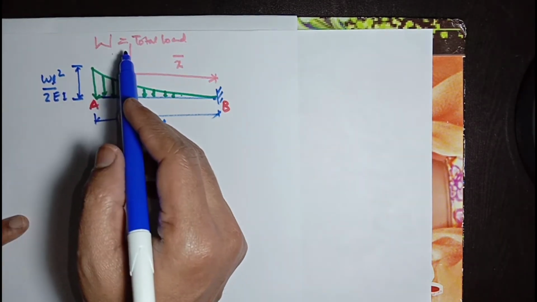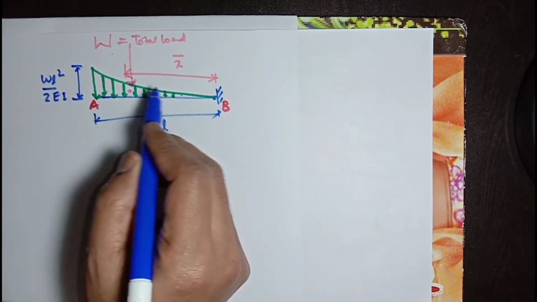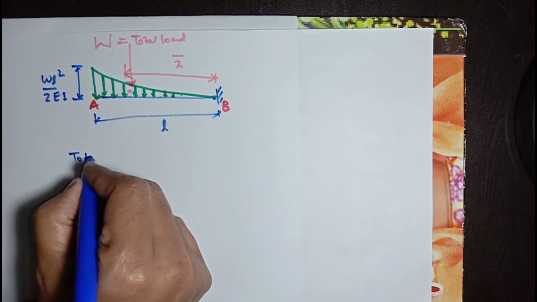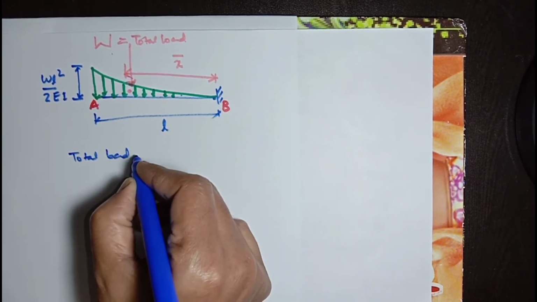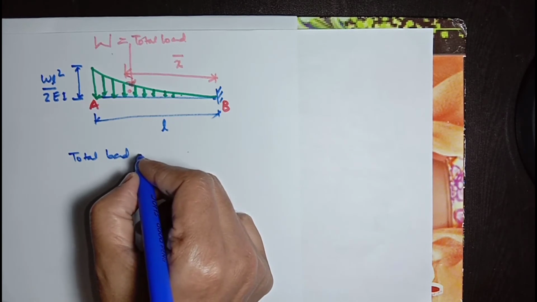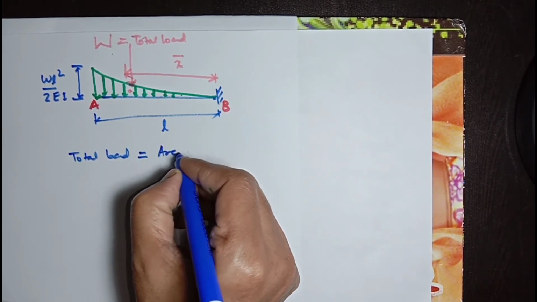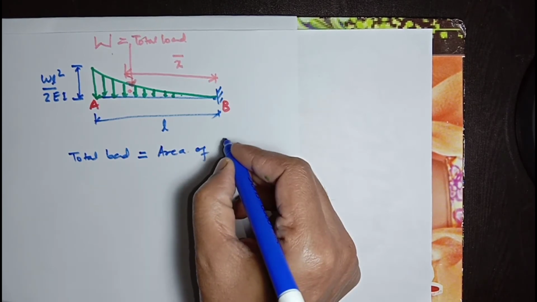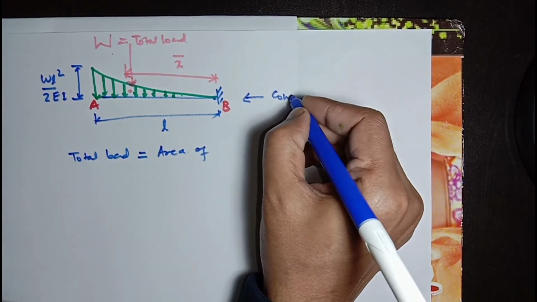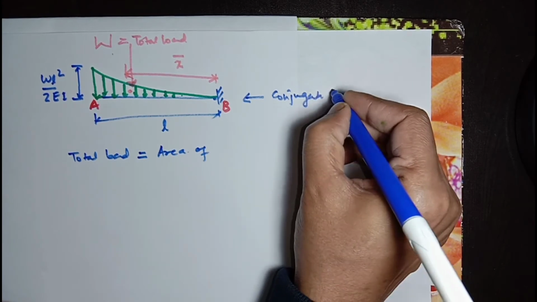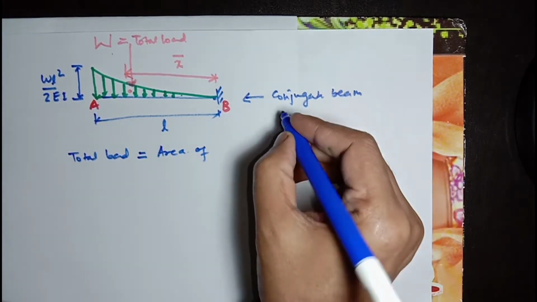Now total load will be the area of this loading diagram. Total load will be equal to the area of loading. This is a conjugate beam with loading pattern.